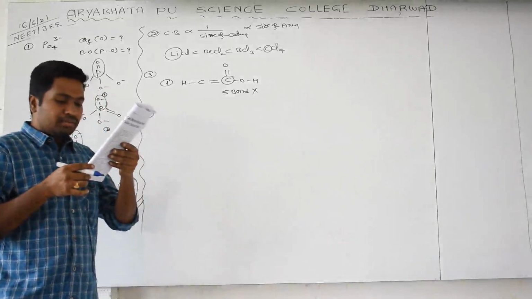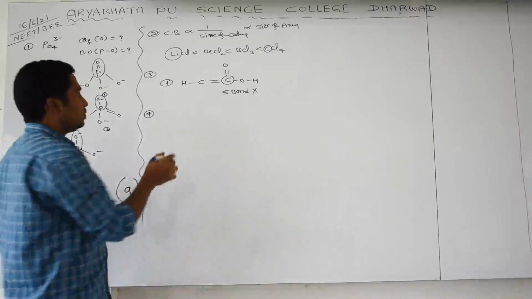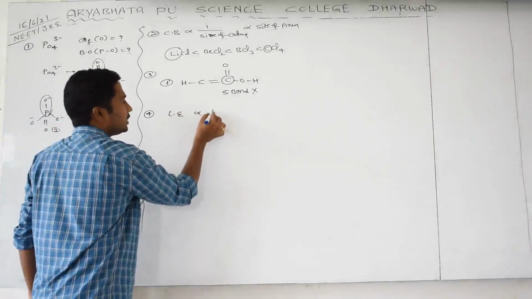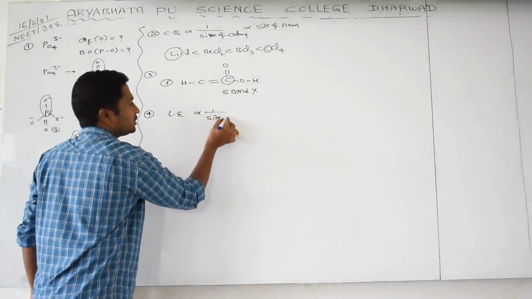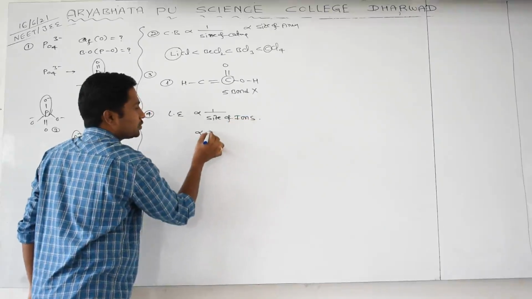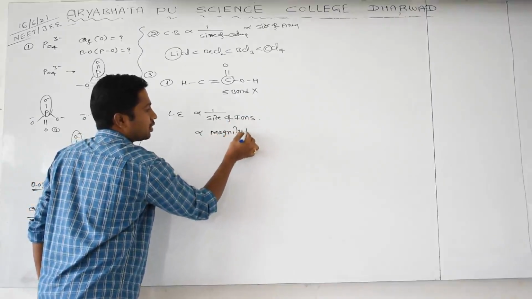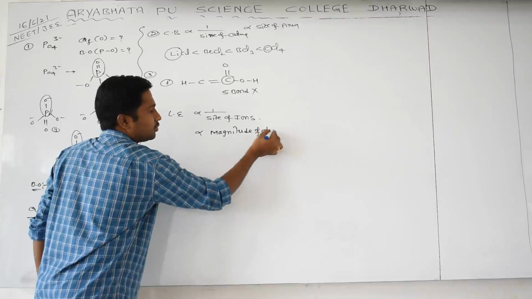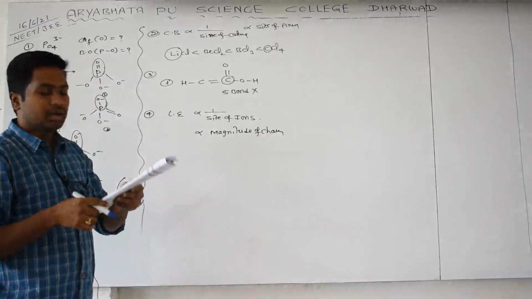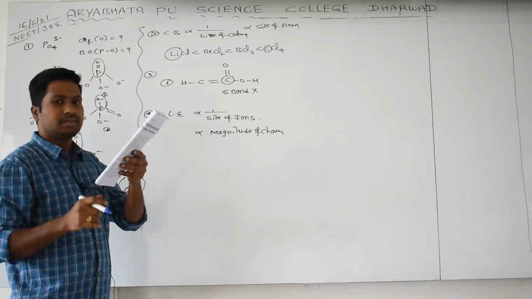Among the following, which compound will show the highest lattice energy? I told you lattice energy is inversely proportional to the size of ions and directly proportional to the magnitude of charge. Lattice energy is high for small sized anion and cation. He is asking which one has the highest lattice energy.